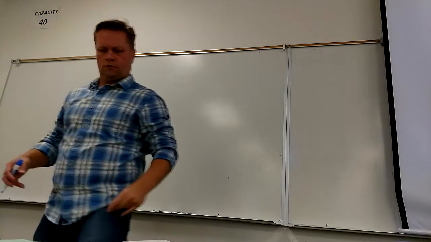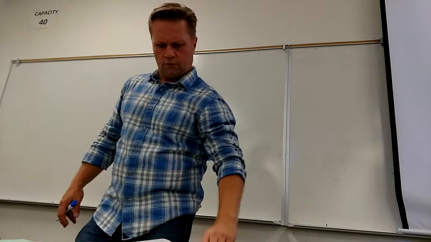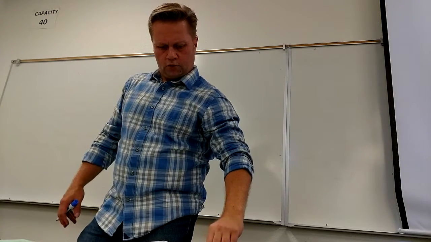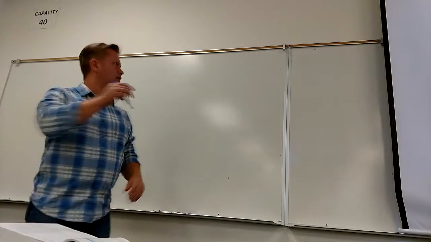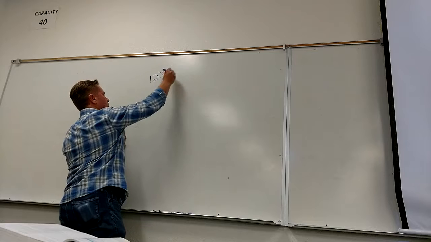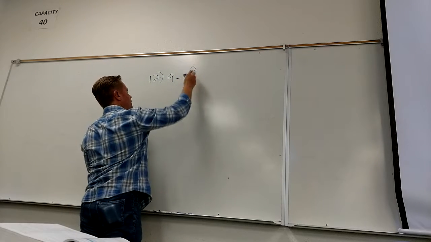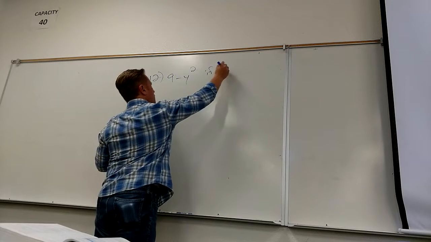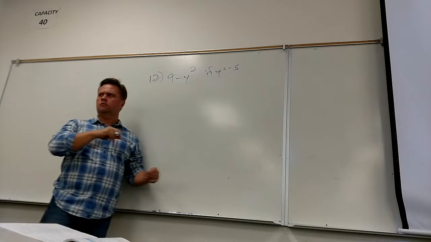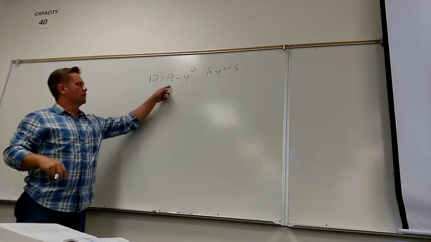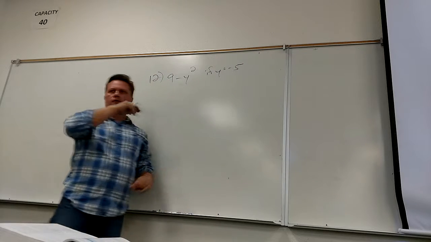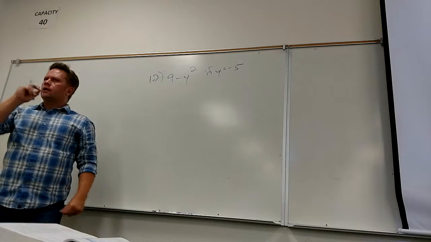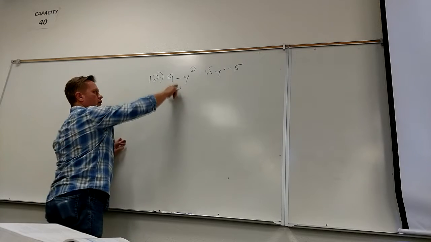Yeah. Could you do problem number 12 real quick? This kind of thing came up a couple of times. This one here? Right, so 9 minus y squared if y is -5. So I'm going to rewrite the problem.